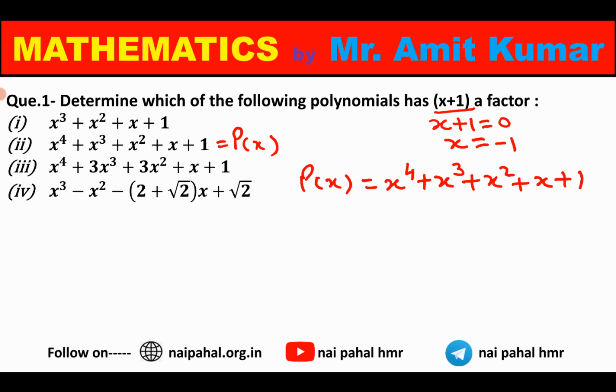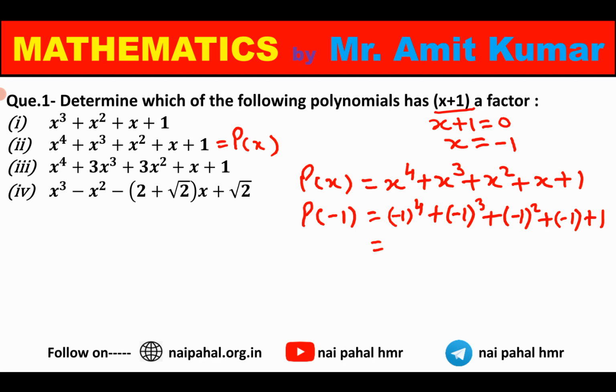Here write minus 1 to the power 4 plus minus 1 to the power 3 plus minus 1 to the power 2 plus minus 1 and plus 1.